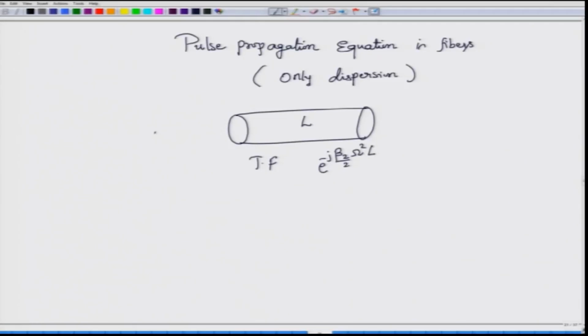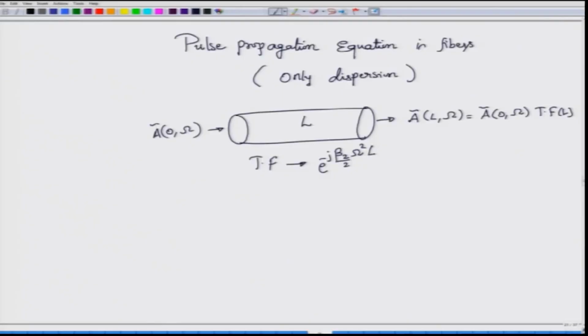If I know the Fourier transform of the pulse that has been launched into the fiber, then I can find the Fourier transform of the same pulse at the output by multiplying the input Fourier transform with the transfer function, which is a function of the length L. This is the transfer function that we derived, or at least made plausible, in the previous module.